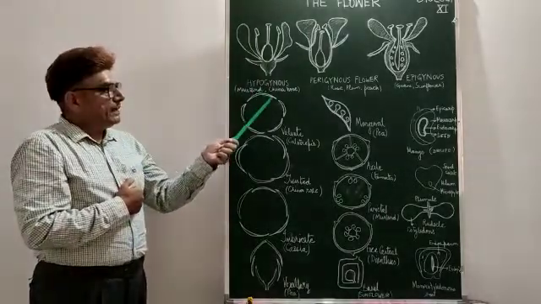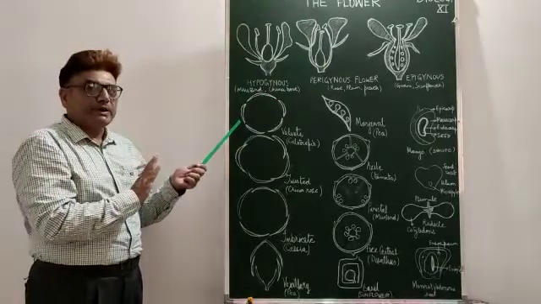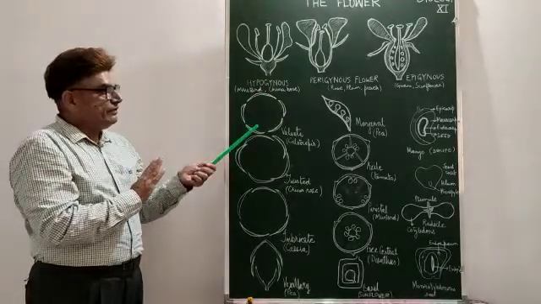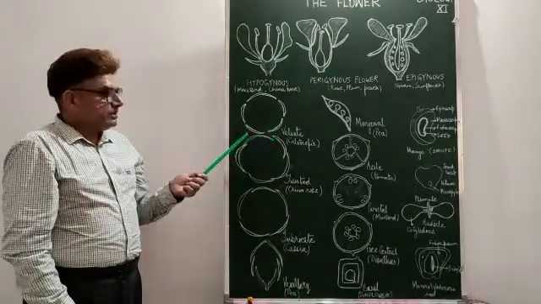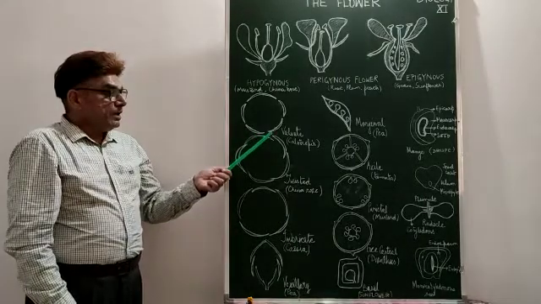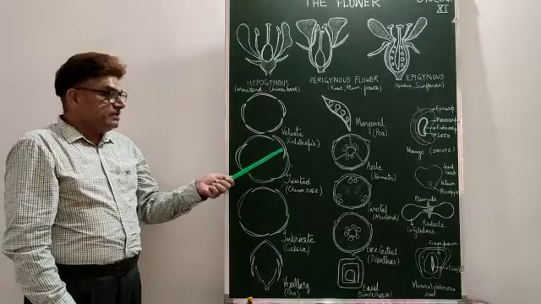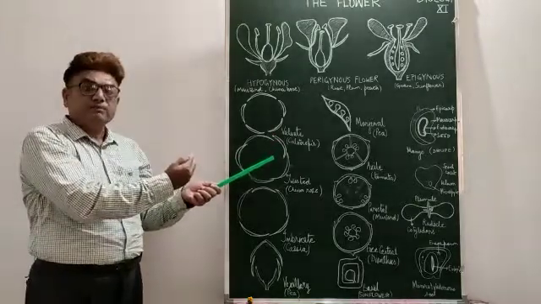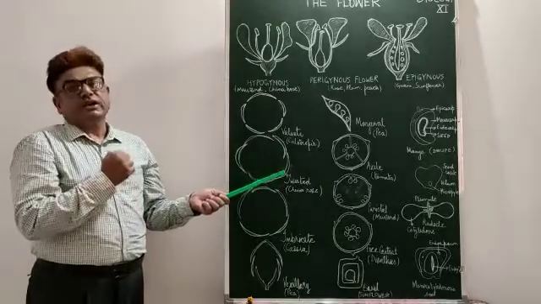Now if the margins of the sepals are just touching each other without overlapping, that type of aestivation is known as the valvate aestivation. But if the margins of sepals or petals, one sepal or petal is overlapping the other, and so on, that condition is known as the twisted condition.